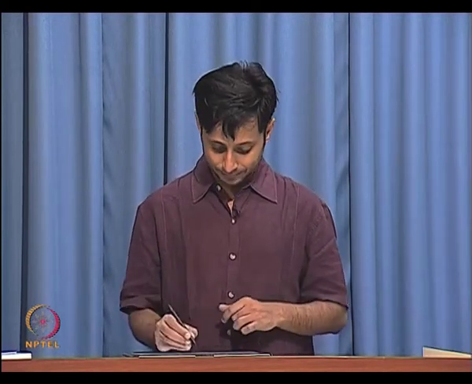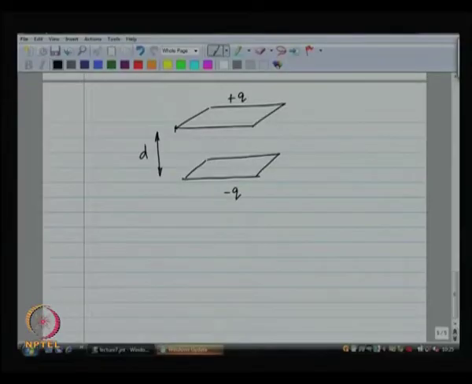If you put plus q on the top plate, minus q on the bottom plate, where will the charge reside? Which surface will it reside on? The plus q attracts the minus q, the minus q attracts the plus q.